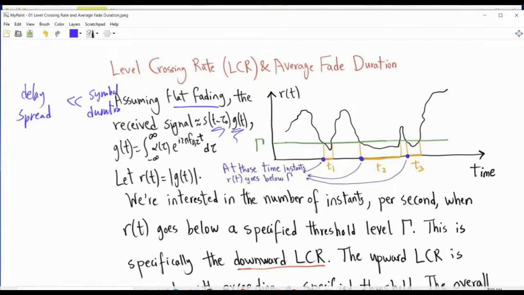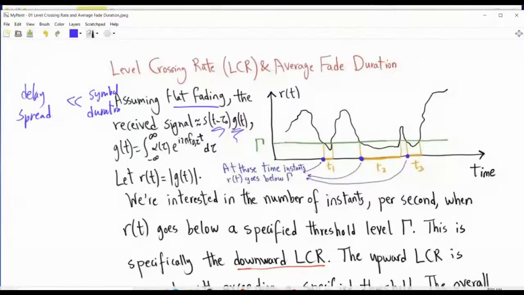Okay, so what if this condition is not satisfied? What if the delay spread is actually greater than the symbol duration? If it's greater than the symbol duration, we don't have flat fading. Again, if you remember the figure from the previous time, now you take a sample at a certain instant of time, and you will find that the sample depends on a number of symbols.